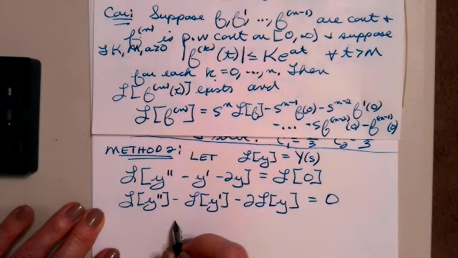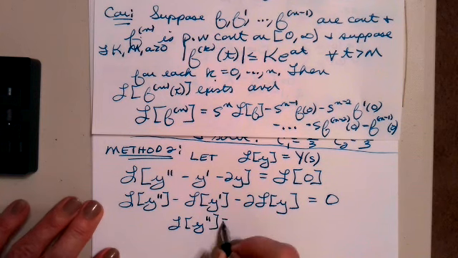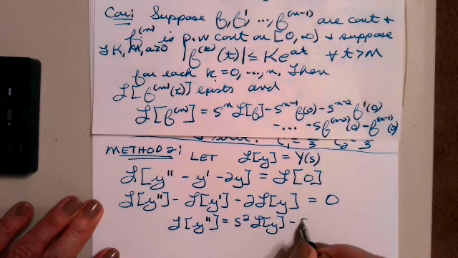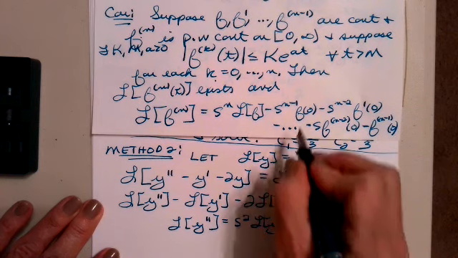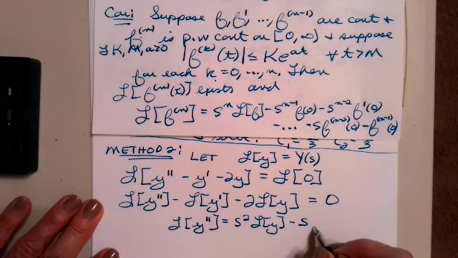So the Laplace transform of y double prime is s squared times the Laplace transform of y minus s to the first power, because n is 2 in this form, the way we're using this formula, times y of 0.